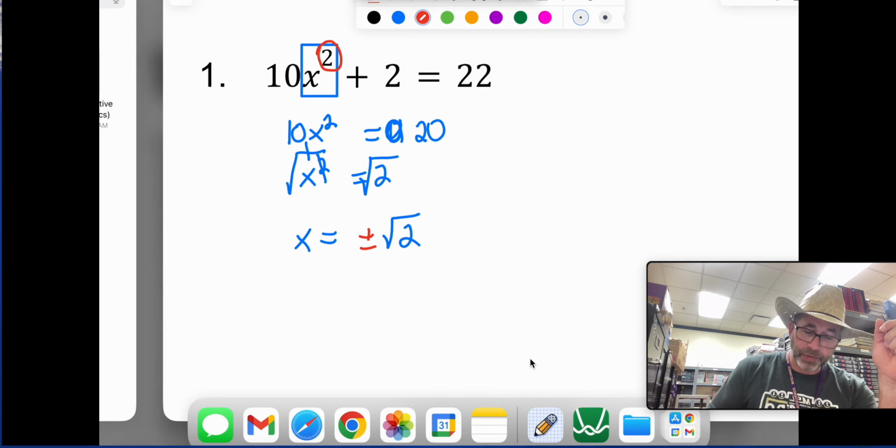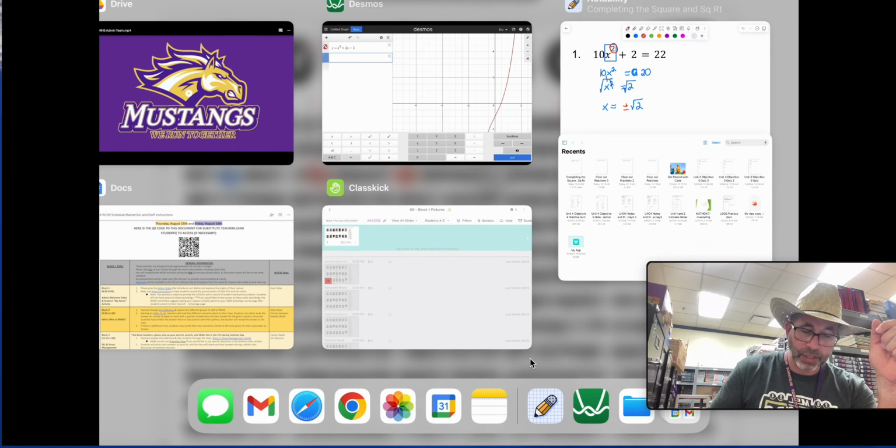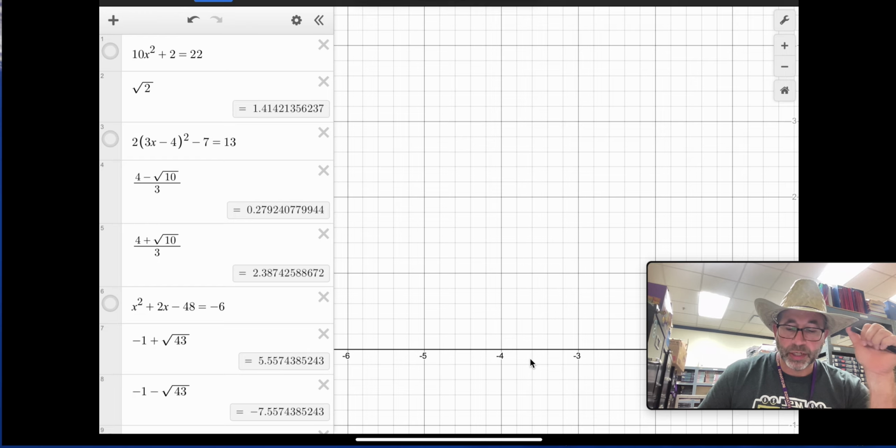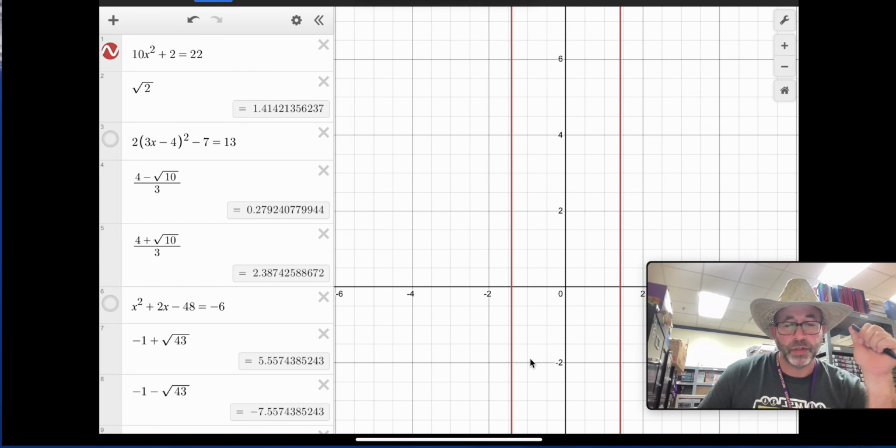So let me jump over to Desmos here so you could see this. With the Desmos here, if you look at the first problem here, this is what the graph is going to look like if I just throw it in the calculator. And when it says that the answer we said was square root of 2, you can see that I put underneath it that the answer was square root of 2, it's 1.414.